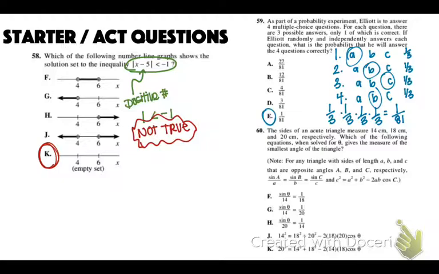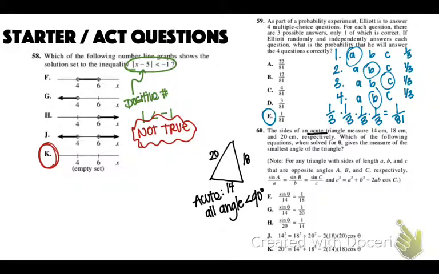This one, the sides of an acute triangle, acute means that all the angles are less than 90, measure 14, 18, and 20.